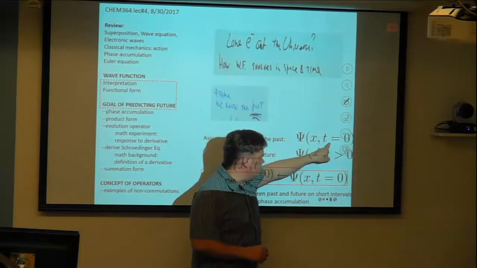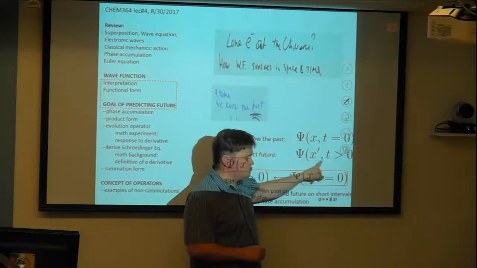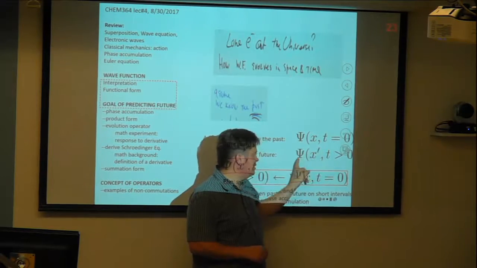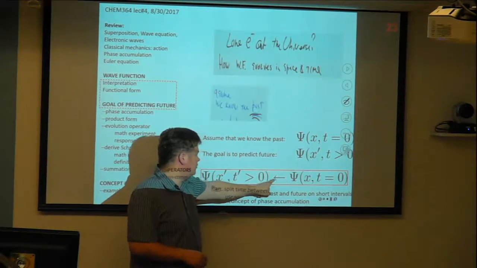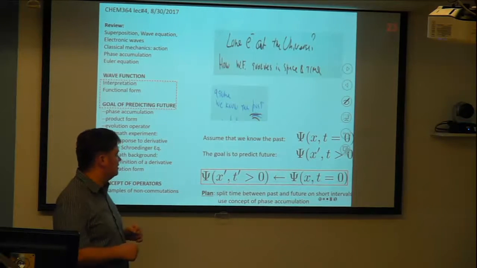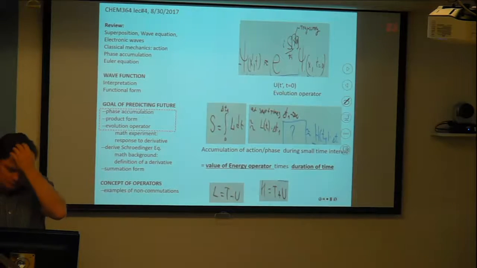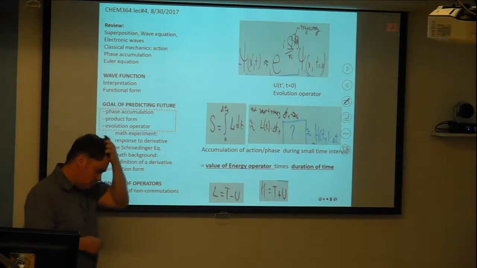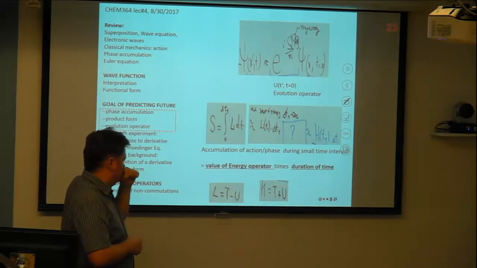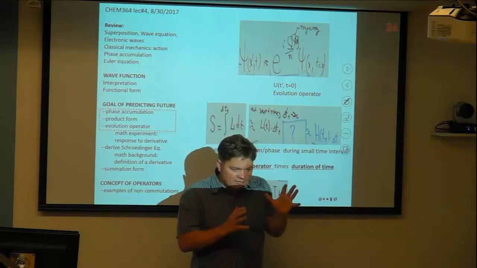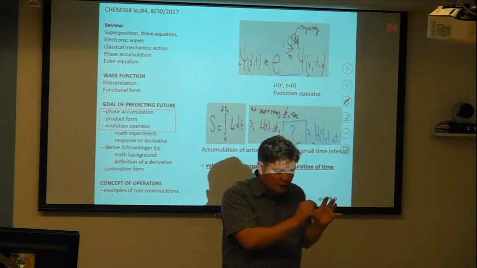So suppose we know the past and we set a goal to know the future. So we want to establish a connection between the wave function in the past and the wave function in the future. So we need to find what will be in this line. How do we go? Hypothesis one: the electron wave, as it moves, accumulates phase.